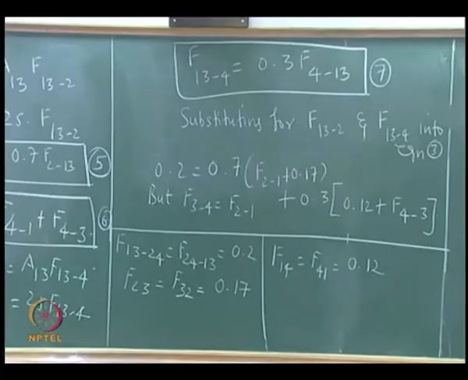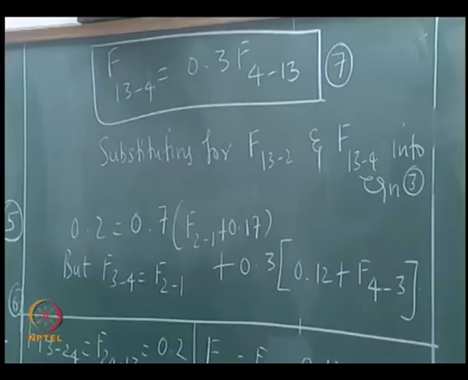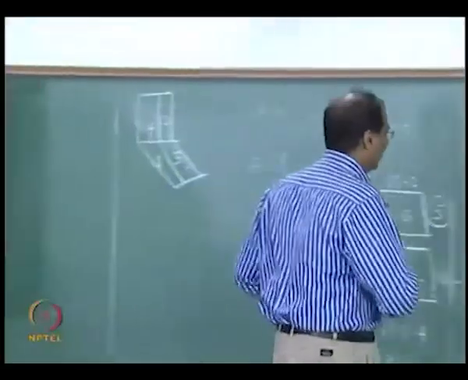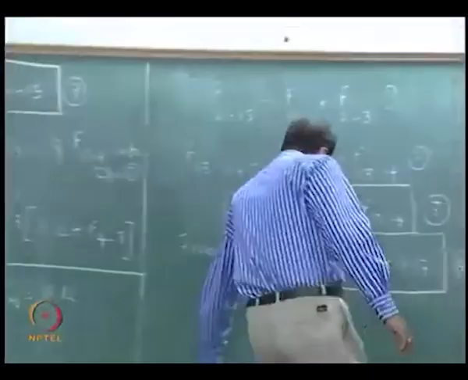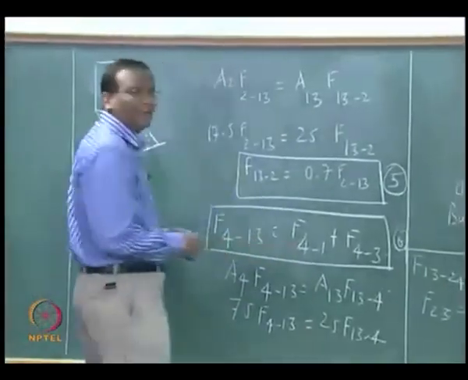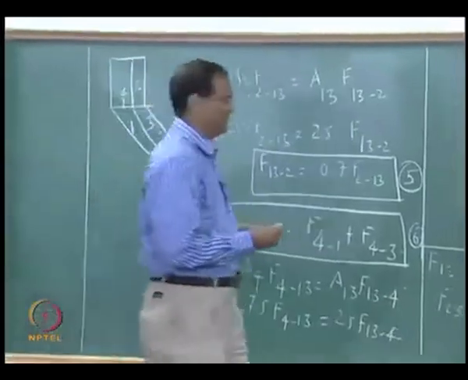So shall we give a name to this? The law of corresponding corners. This is called the law of corresponding corners. Okay. It is important to give a name so that you do not forget.